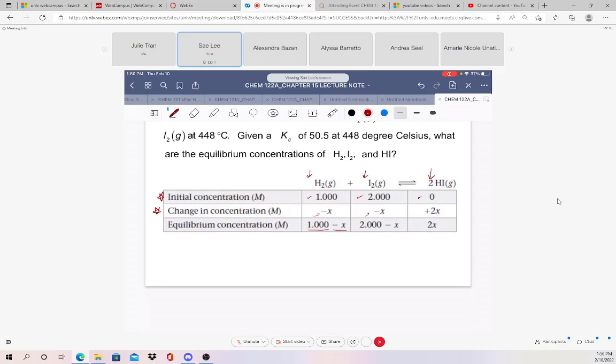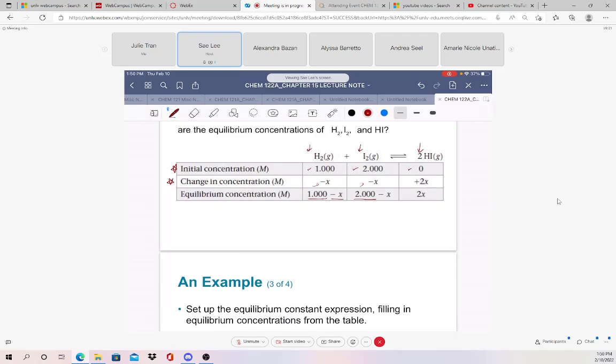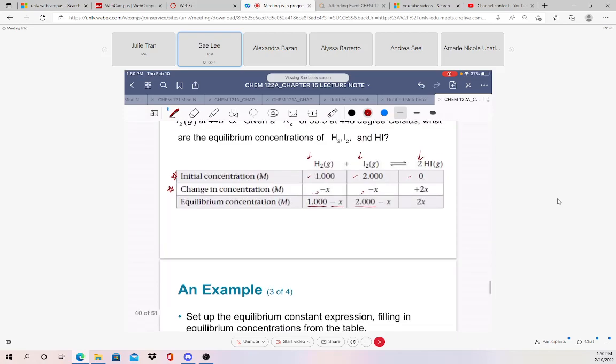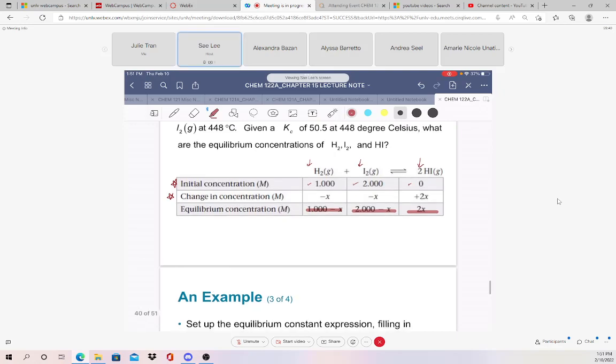Same for iodine: initial concentration 2 mole per liter, apply the negative change. Same for product: initial concentration 0 plus 2x is going to be 2x. So these are the equilibrium concentration expressions.